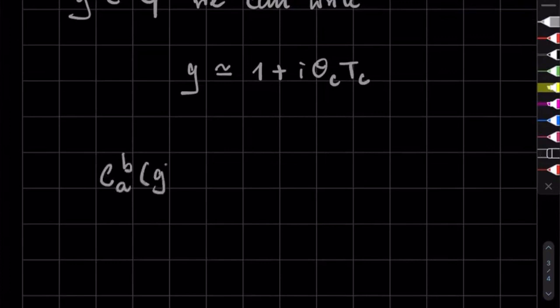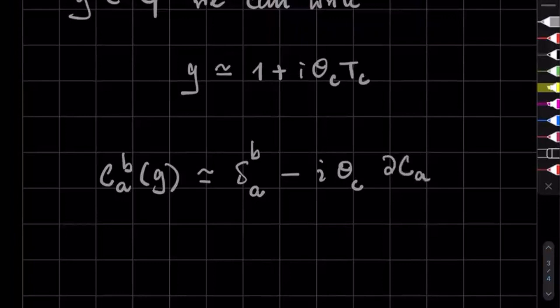The first term, of course, is going to be the identity, and then we have minus i theta_C, del of C_AB divided by del theta_C, plus dot, dot, dot.